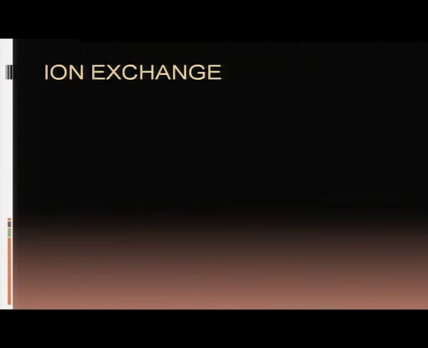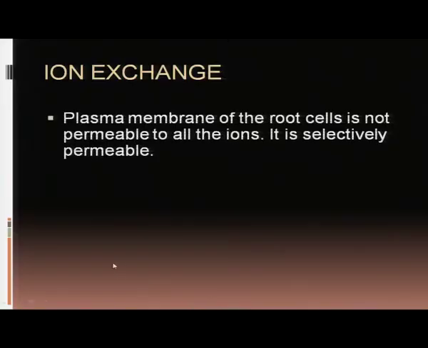Another mechanism for transport and uptake of mineral ions is ion exchange. Let us see what it is. The plasma membrane of the root cells is not permeable to all the ions. It is selectively permeable.